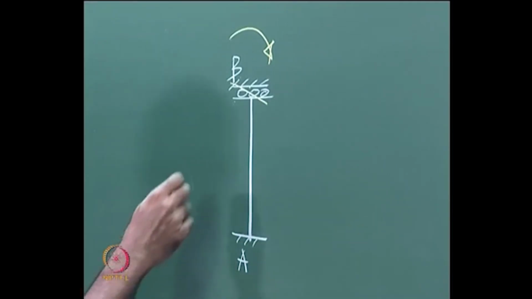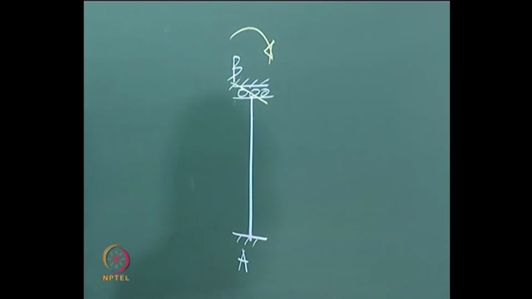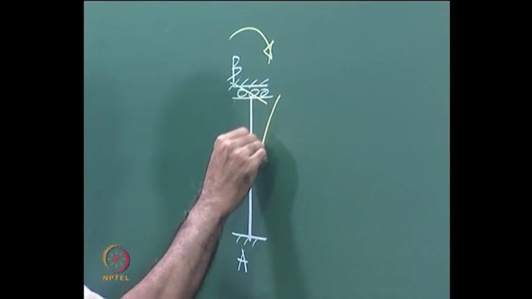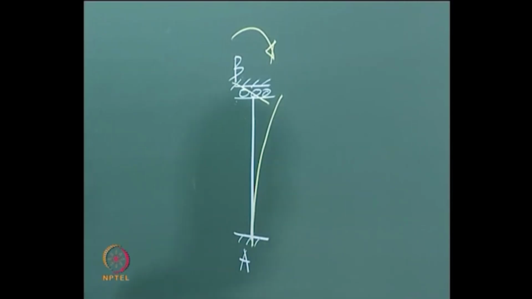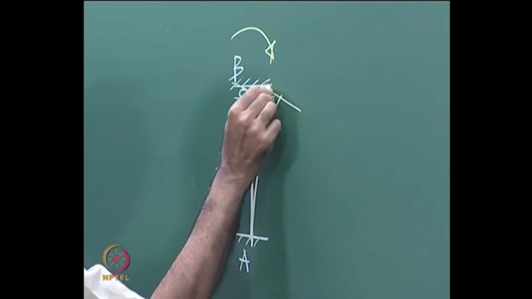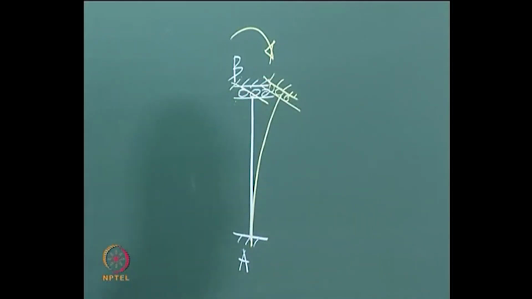So if you let this rotate, it's like releasing the rotational fixity. How is it going to deflect? It's going to deflect like this, like a cantilever, and you will have your guided roller support here. This is a rotational slip, right?